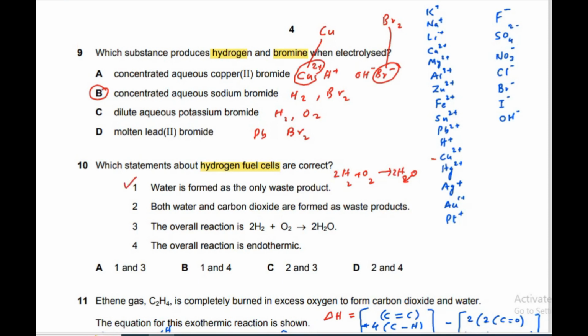This is correct. As you can see, the first option is correct, and C and D can be eliminated because these two options do not contain one. Then both water and carbon dioxide are formed as waste products. Carbon dioxide is not formed.